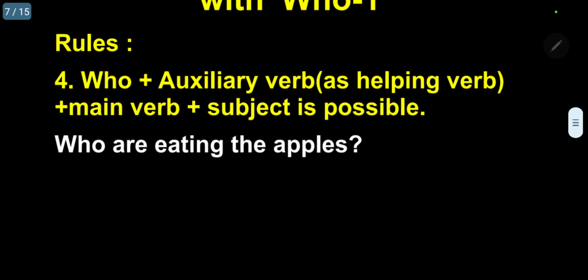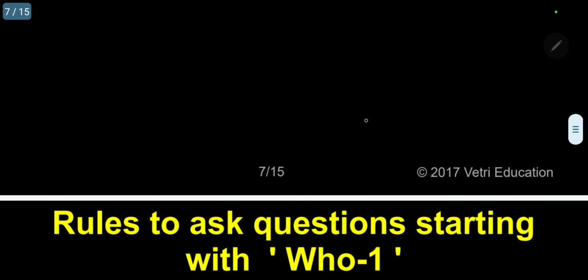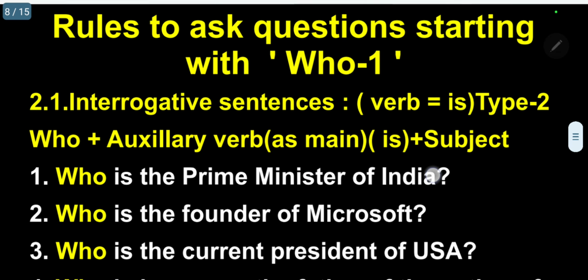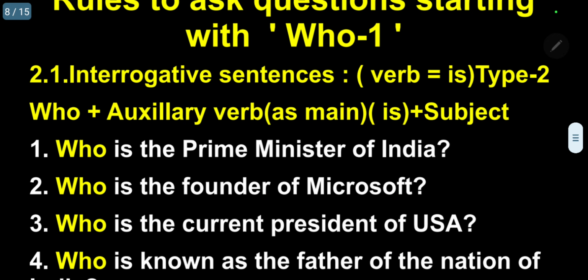You must have this idea. Only with this idea, I am going to raise questions using all the auxiliary verbs starting from is, ending with can, good. Okay, let me start now. The first one I will take is.